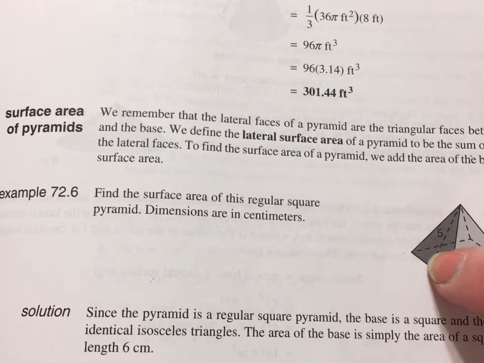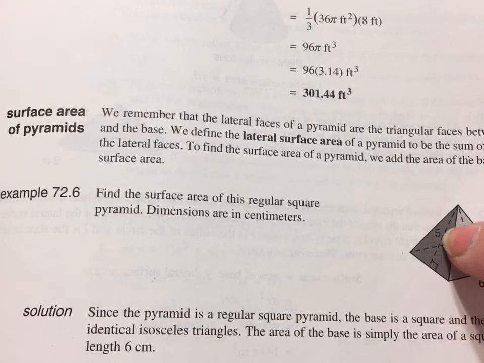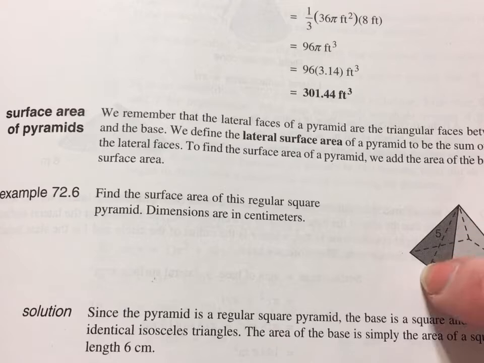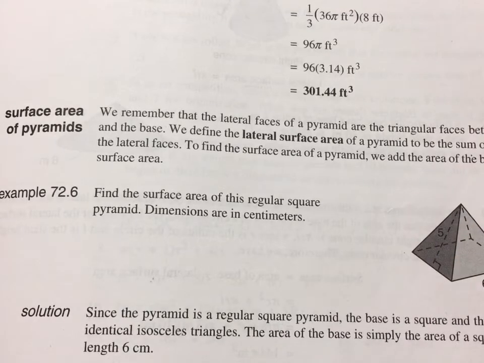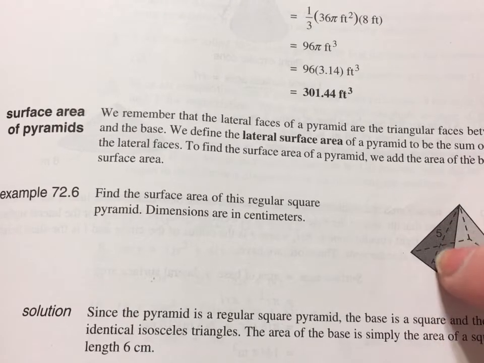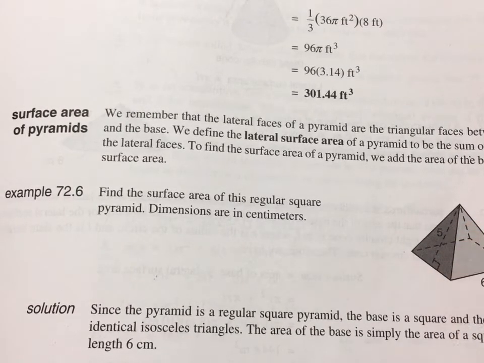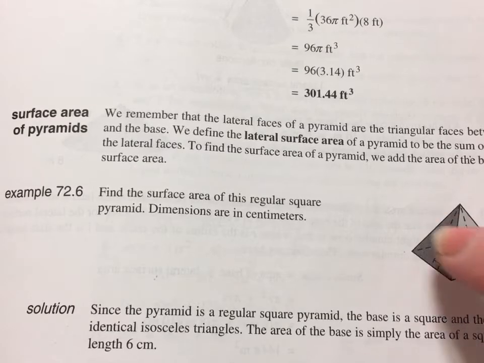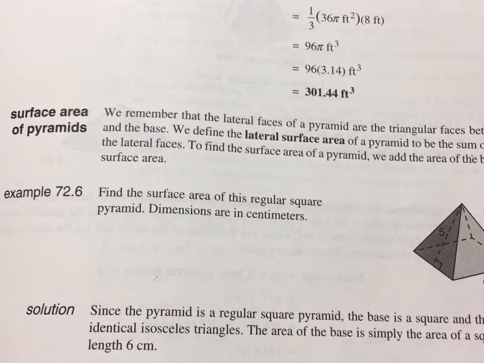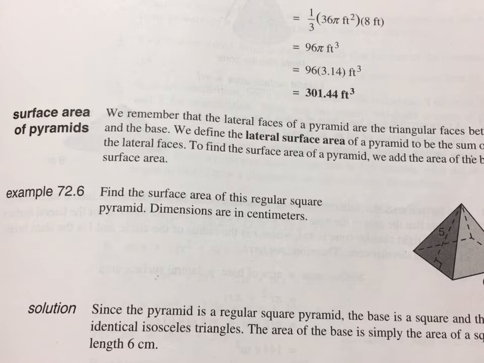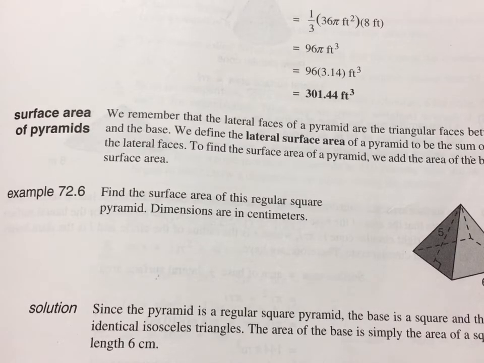And then this altitude here, this slant height, is 5, so that we can figure out the area of these triangles on the side. Remember, because we're dealing with a regular figure, each one of these triangles is going to have the same area. So we really only have to figure out one of them and multiply by 4.